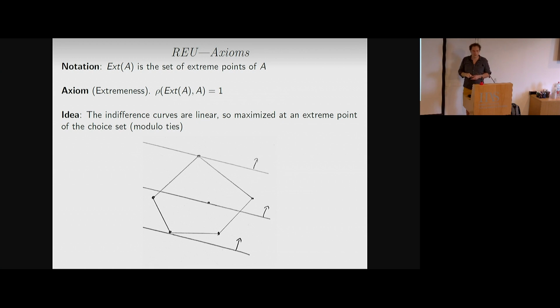It's always going to be an extreme point, or actually more precisely an exposed point. But I'll gloss over that distinction. So there's a whole other set of experiments that prove that this axiom is also not satisfied by human subjects. I won't show any of them, but people tend to like midpoints.